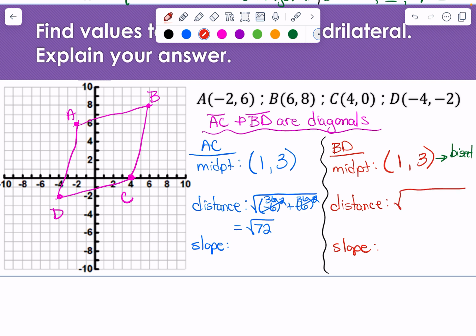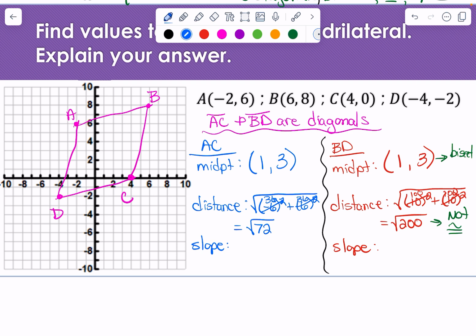So 6 minus -4, that's 10 squared, plus 8 minus -2, that's 10 squared. So that's going to give us the square root of 200. So that tells me that they are not congruent.